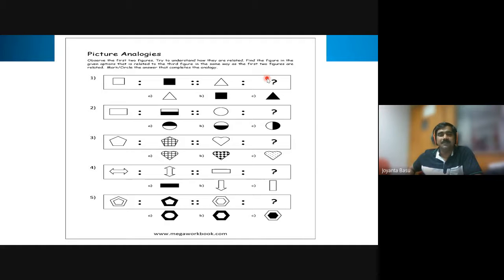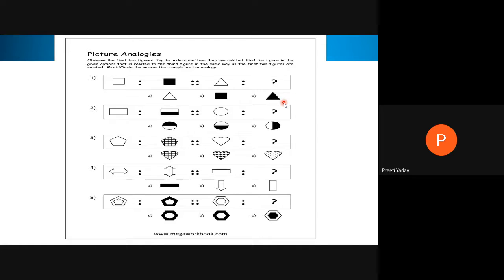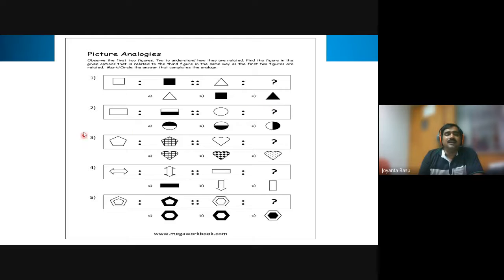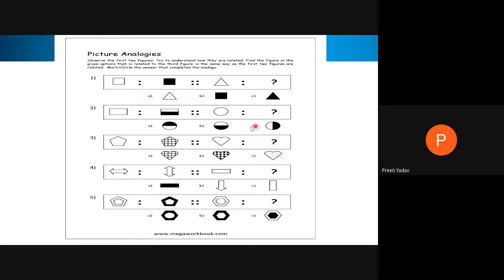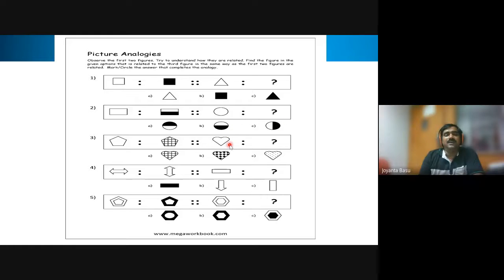Can anyone help me? Problem number one, A, B, C. Which one? I think that is C. Okay, great. Anyone for the two? For 2, that is B. Okay, B. Number three.